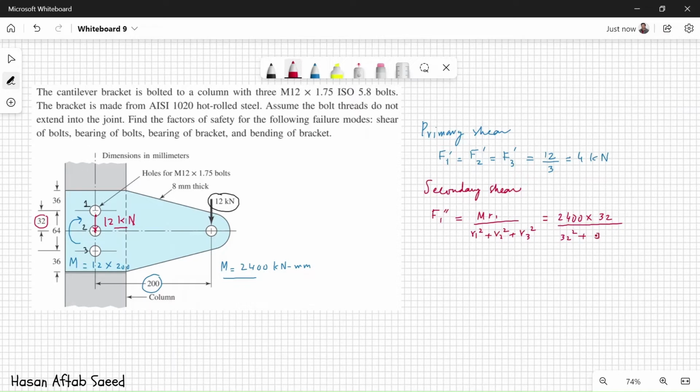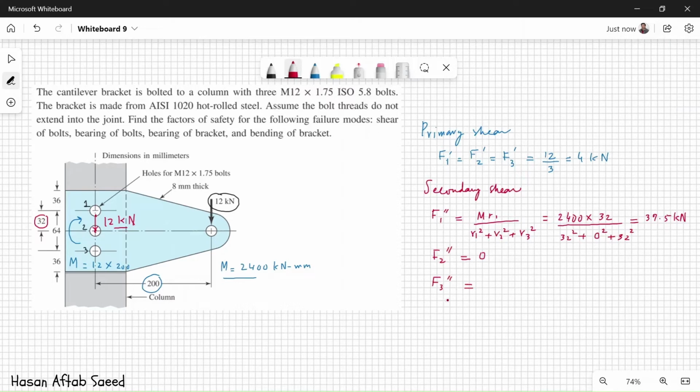Note that R2 is 0. Second bolt lies exactly at the centroid of the bolt group. And this turns out to be 37.5 kilonewtons. Now F2 double prime will obviously turn out to be 0 because we just mentioned R2 is 0.